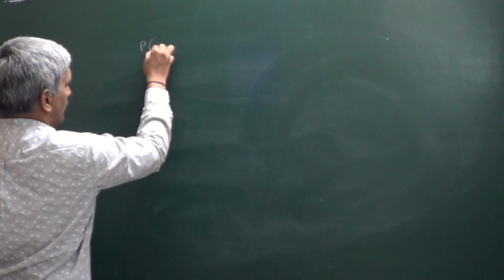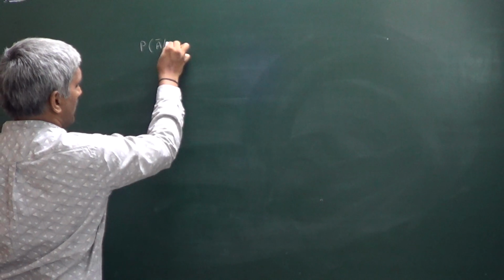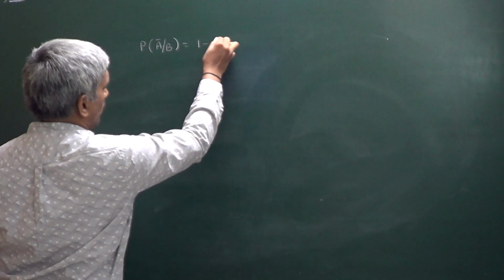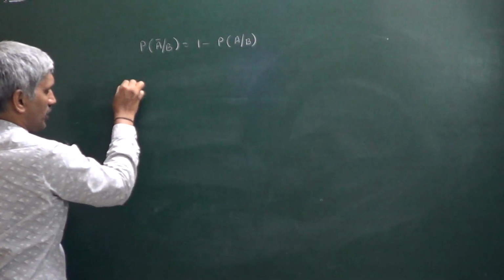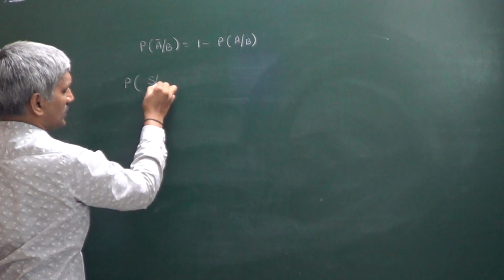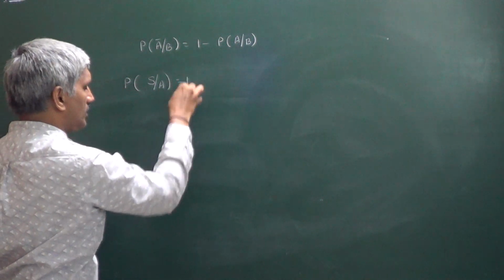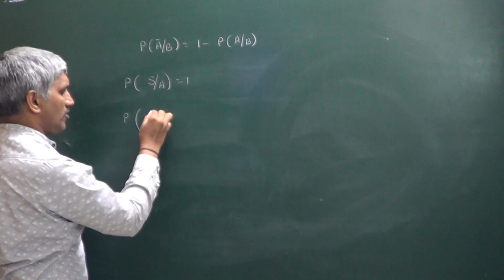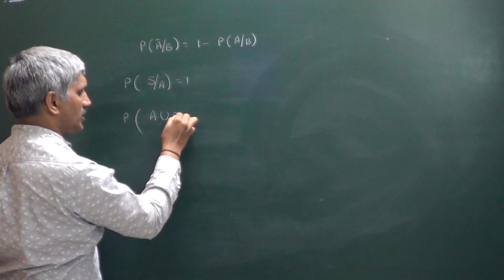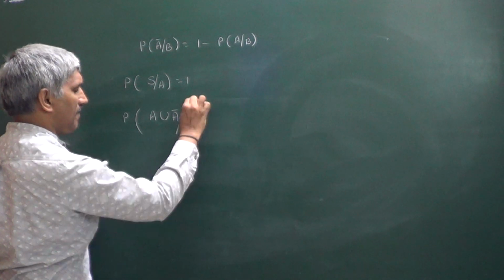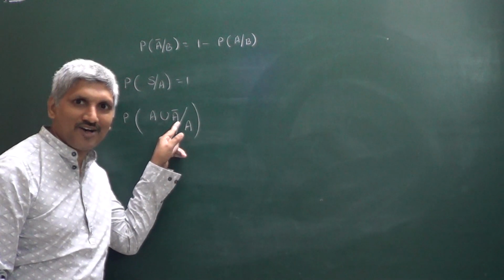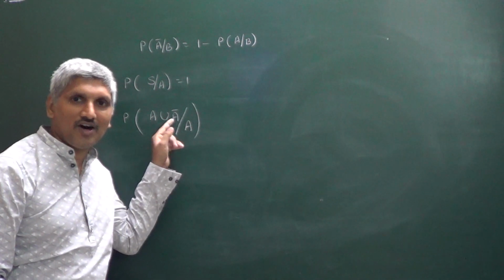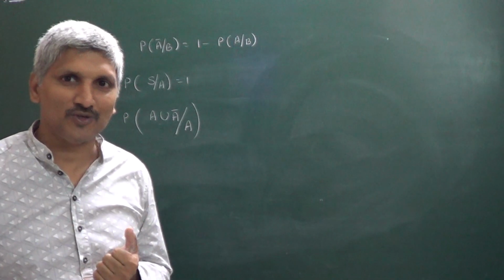So now we can prove the earlier one: P(A bar | B) is equal to 1 minus P(A|B). Just observe here. We know that P(S|A) is equal to 1, and S we can write as A ∪ A bar. Now A and A bar are mutually exclusive events.